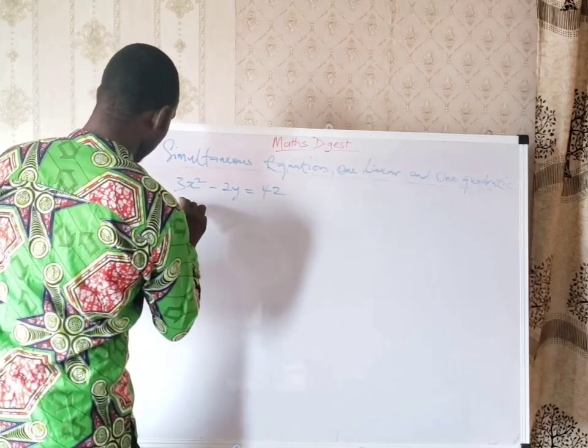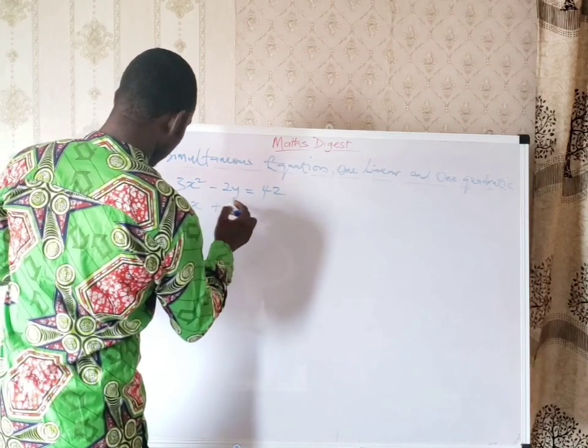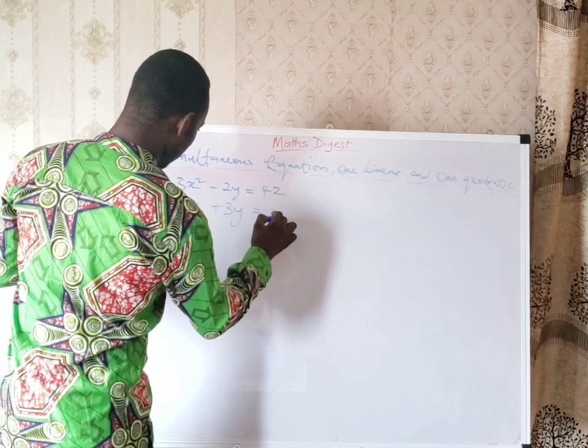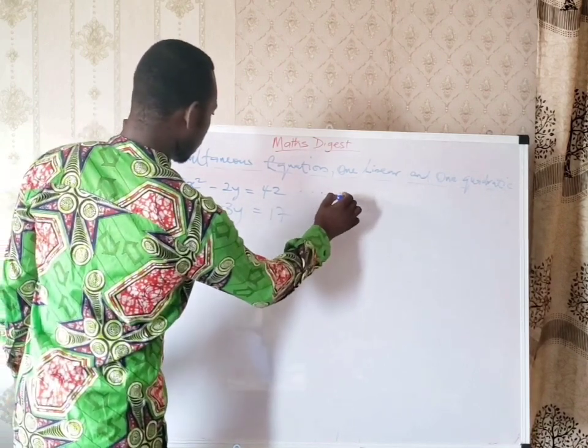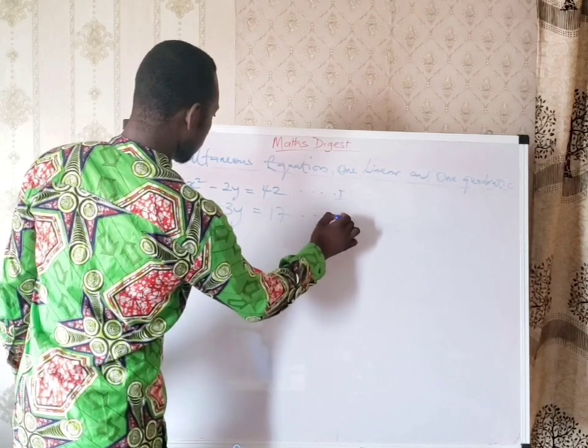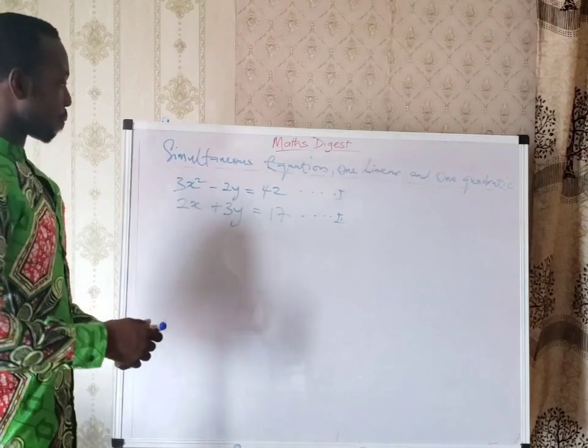Then if you have a linear one like 2x plus 3y equal to 17, this is equation 1 and this is equation 2, as the case may be.